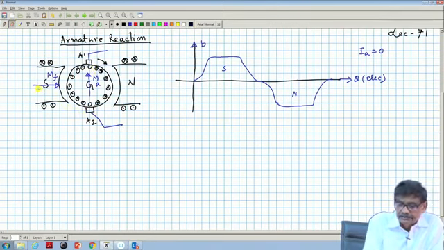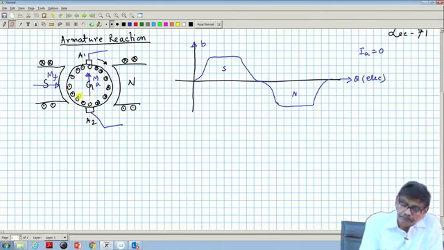You can easily see that there is no component of MA, the armature MMF, which opposes MF directly. The only thing is it will distort this field such that the lines of force will be concentrated on this side and it will be rarefied on this side. That is what I discussed. I am not repeating that.